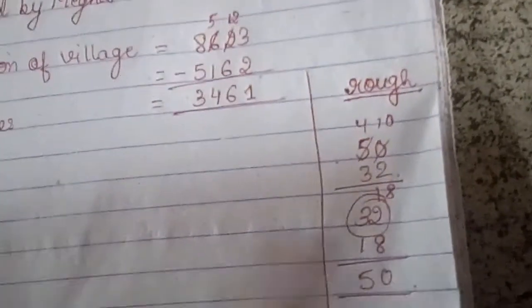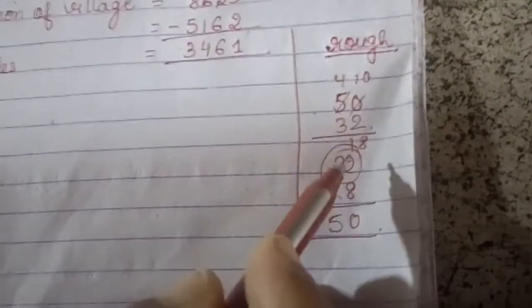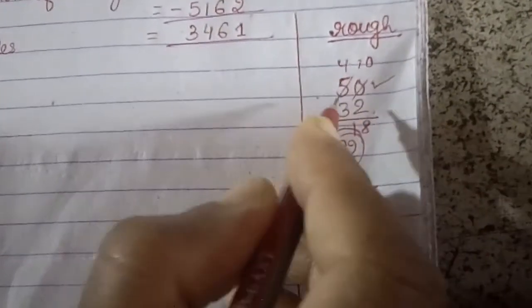So here also the same thing is there, but the number or the digits are bigger than this number. So we can understand by simple subtraction that for finding any number we have to subtract from the number which is given. So here it is given 5,000.